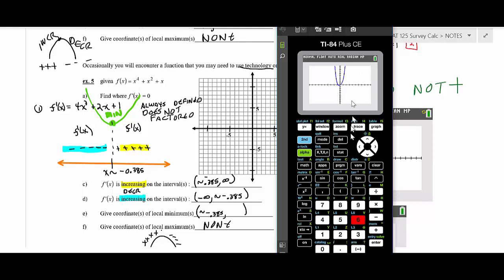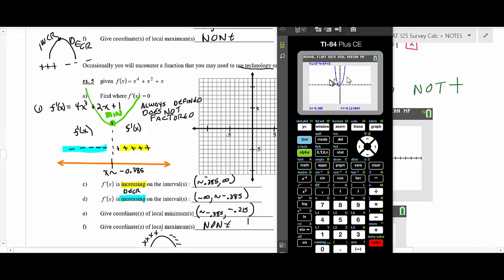Now, all I'm really going to do is trace at this value. I'm going to trace at negative 0.385, and that will give you that y value, that minimum, and then I can record this. That is about negative 0.215. I'll just round that off.